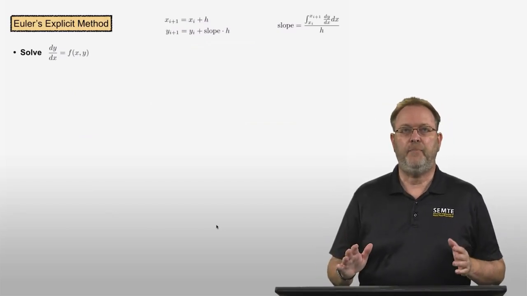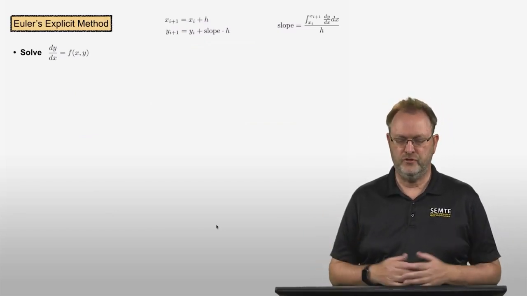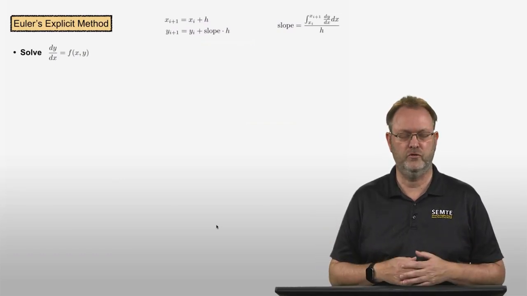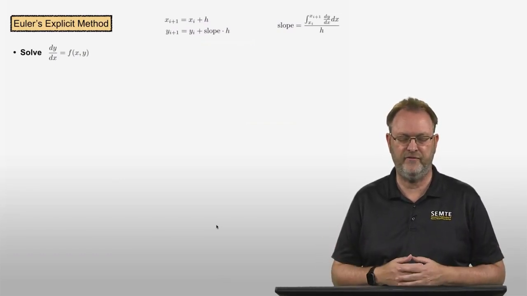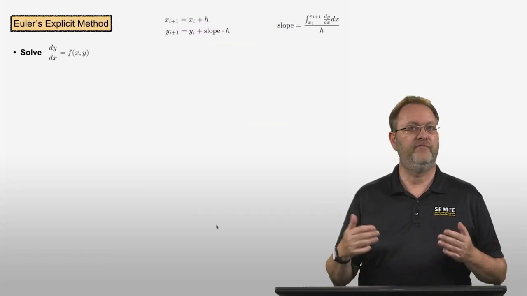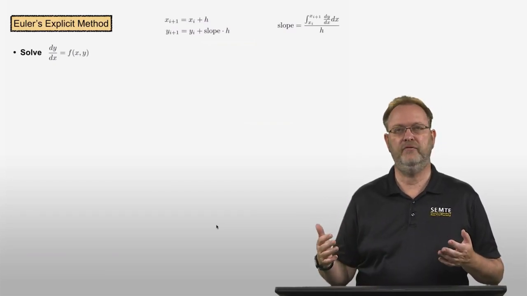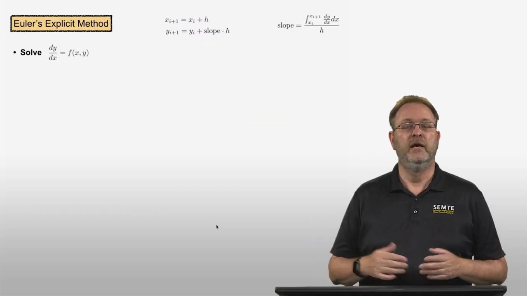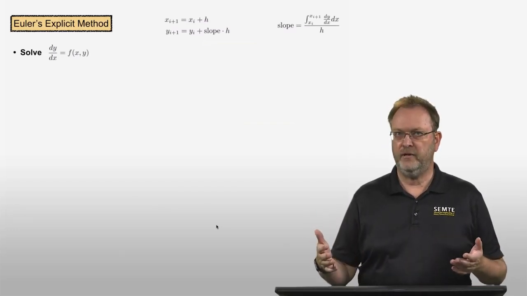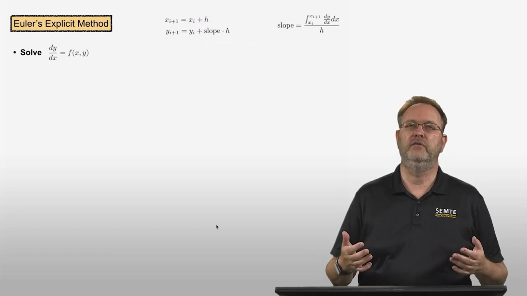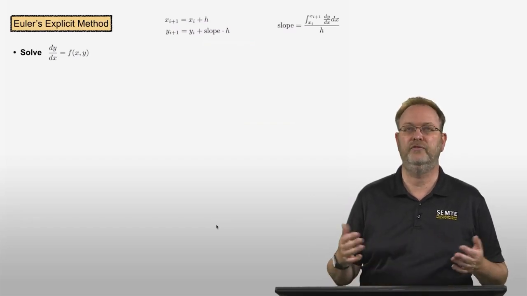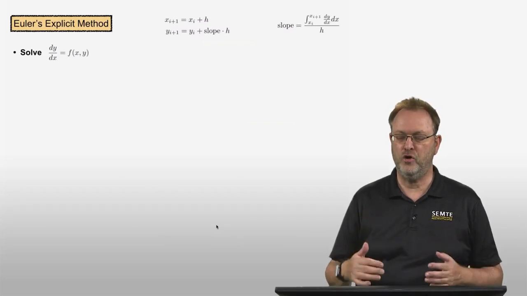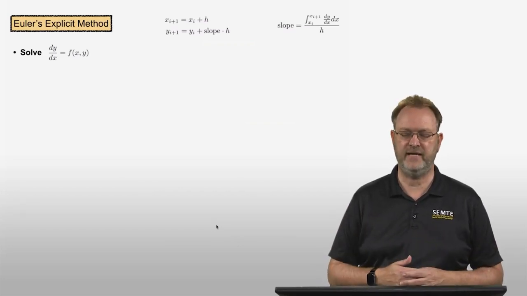Now here's a recap of the general solution procedure that we have to apply to solve a first order ODE: dy/dx is equal to f of x and y. We find the new independent variable by adding the constant step size h. And we find the new dependent variable y sub i plus 1, knowing the current value y sub i, by adding a slope times the step size h.